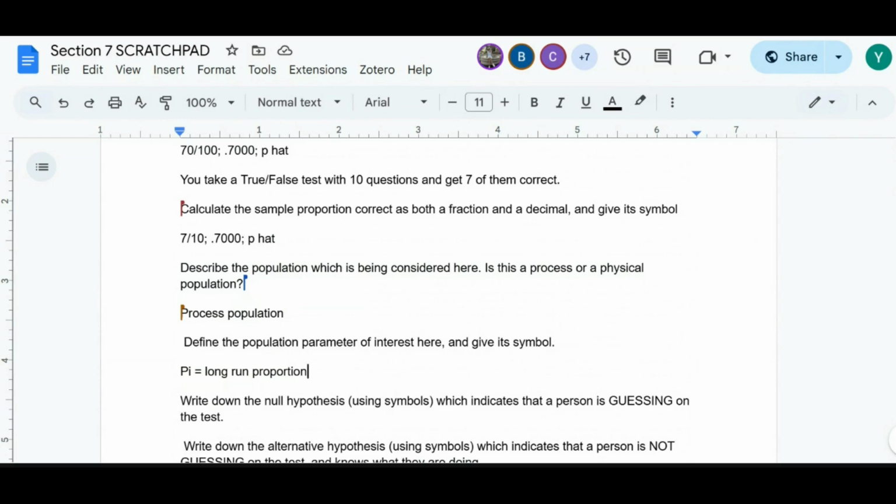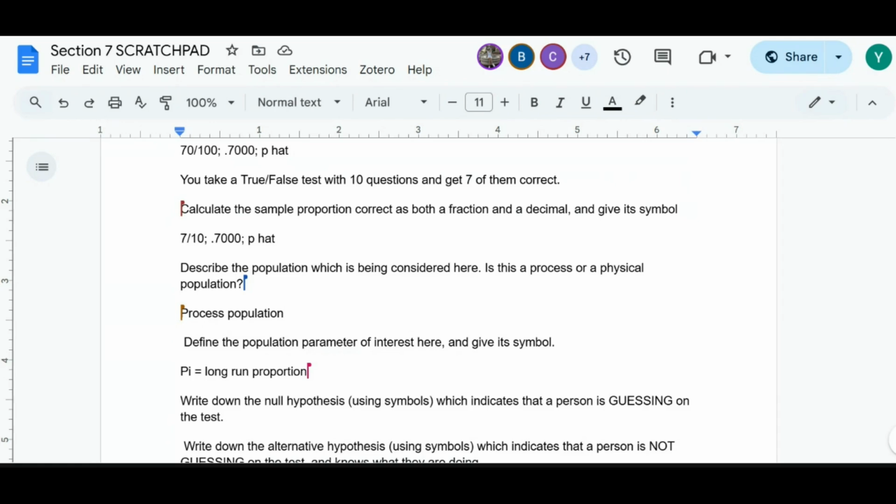Does anyone know the answer to this? I know we have not talked about the definition of the parameter for a while, but you want to give it a try? A proportion has to be of something. Of what? It's a process population of attempts on a true false test. So what does pi measure?